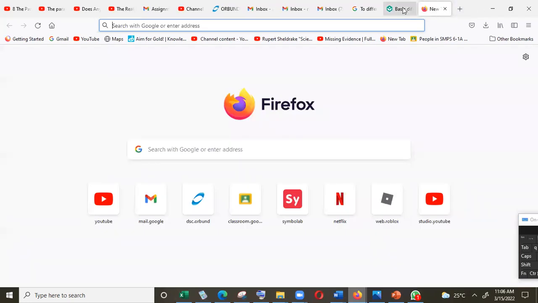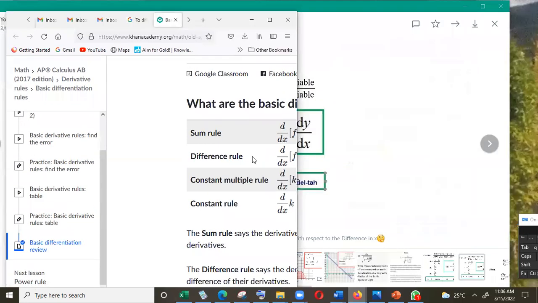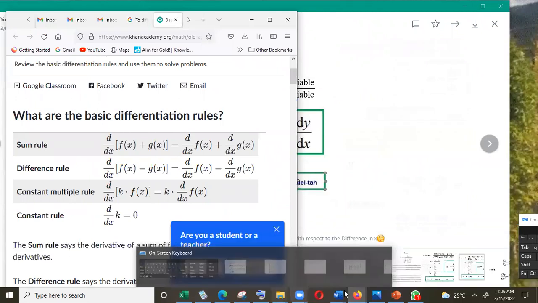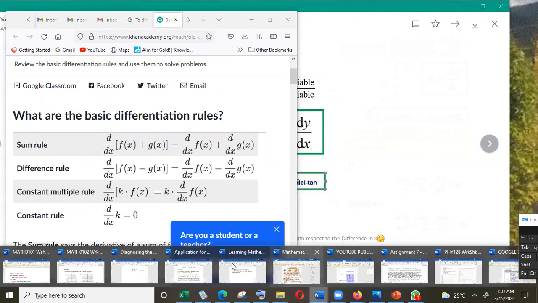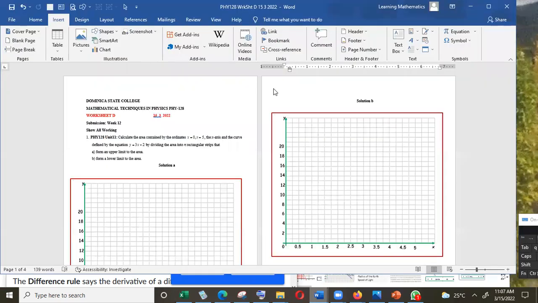So just bear that in mind. That's the introduction for today.